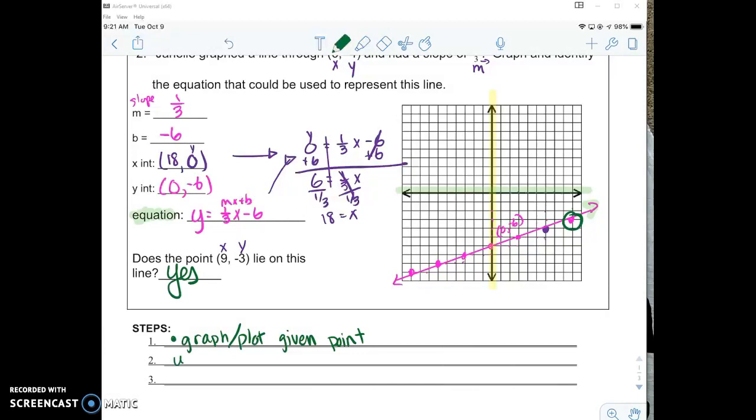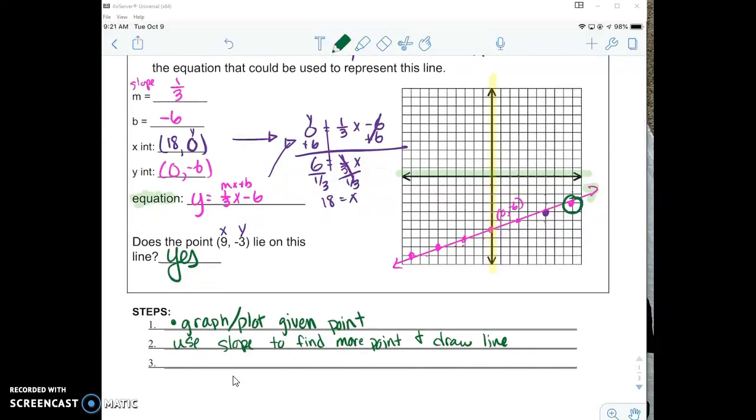Second, use slope to find more points and draw the line. Third, write the equation of the line.